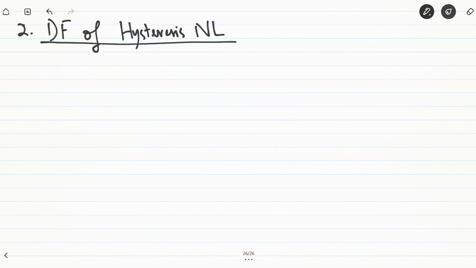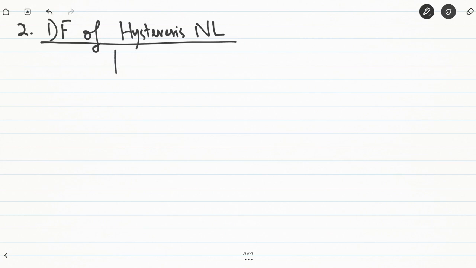Hysteresis nonlinearity can also be considered as an on-off relay with hysteresis. Let's first see the behavior of the hysteresis nonlinearity.